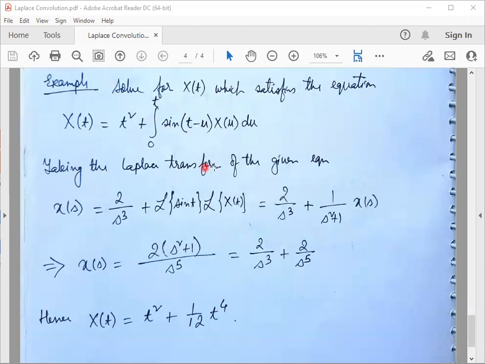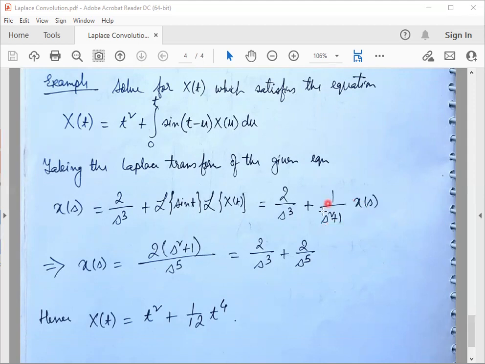So if I take the Laplace transform of the given equation, I get x of s equal to 2 by s cube, since the Laplace transform of t square is 2 by s cube. The Laplace transform of the convolution is nothing but the product of their Laplace transforms. So the Laplace transform of sine t times the Laplace transform of x of t. And this is nothing but 2 by s cube, and the Laplace transform of sine t is 1 by s square plus 1, times x of s.